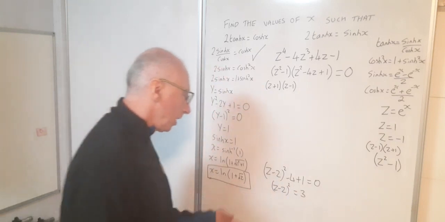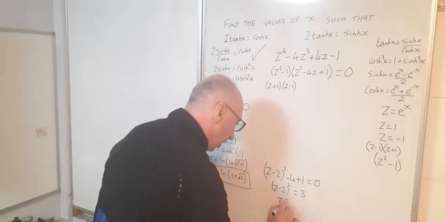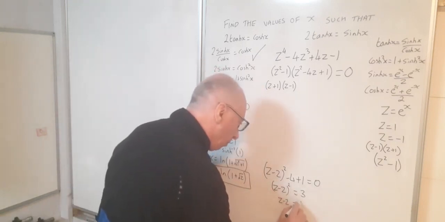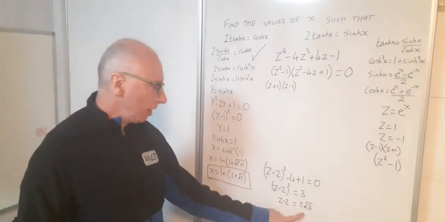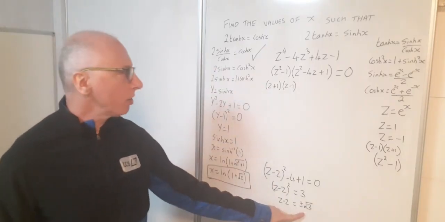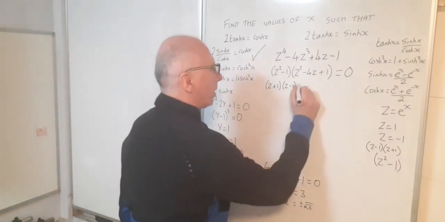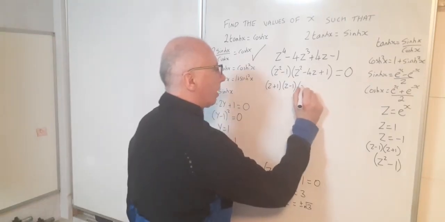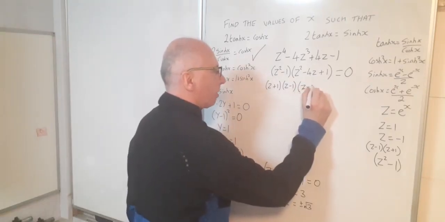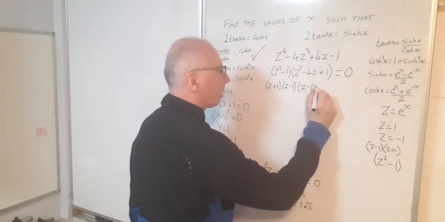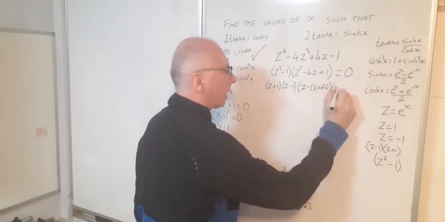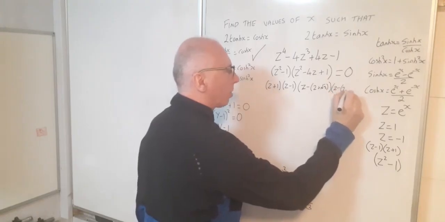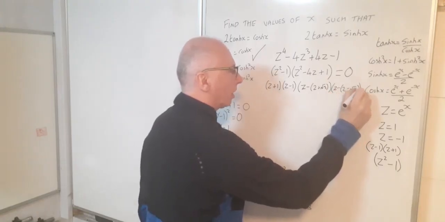And then I'll have z minus 2, take the square root of both sides. Z minus 2 equals plus or minus square root of 3. And then bring the 2 on the other side. I'll have z equals 2 plus or minus square root of 3. So then here I've got z minus 2 plus square root of 3 and z minus 2 minus root 3.